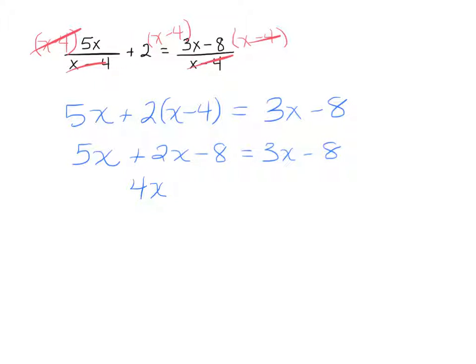And then we'll add 8 to both sides. 4x equals 0, so x equals 0. The non-permissible value is 4. X cannot equal 4, but x doesn't equal 4, so we're good. Check just by filling it in, and you'll find out pretty quickly that it works. Each side comes out to 2 equals 2.